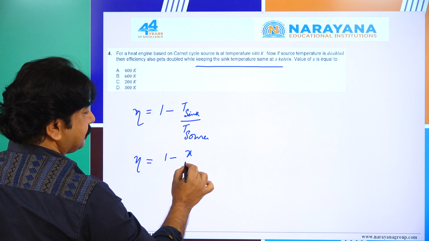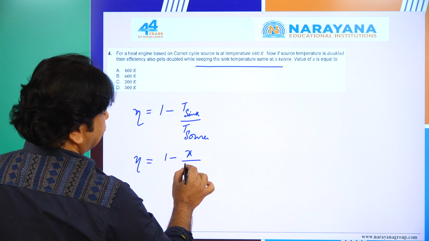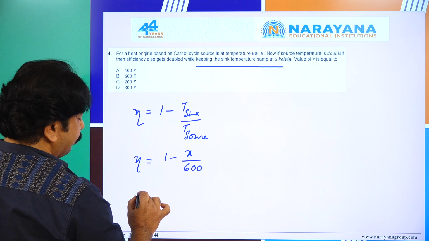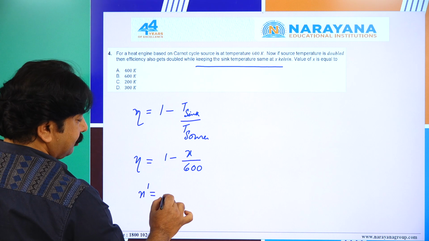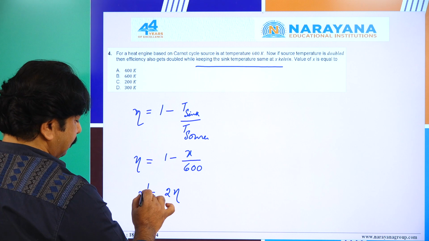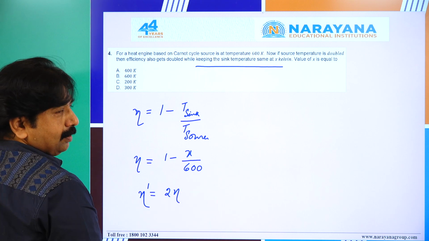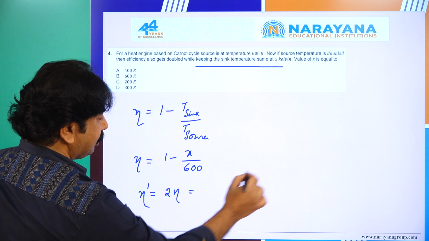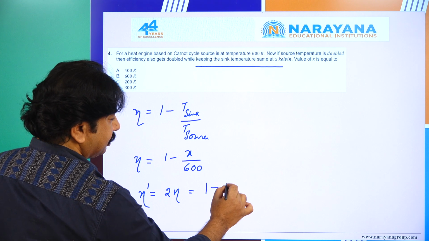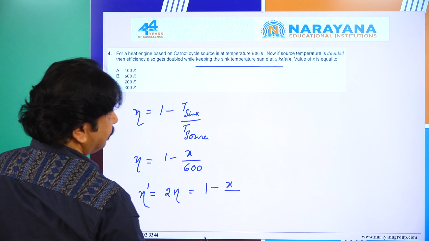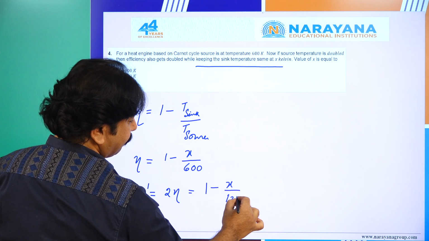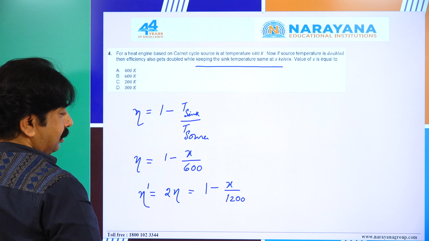So this is x by initially 600. This is the new one, eta dash, which is double of this one. Efficiency is doubled while the sink temperature remains the same, but the source temperature is doubled, so 1200.